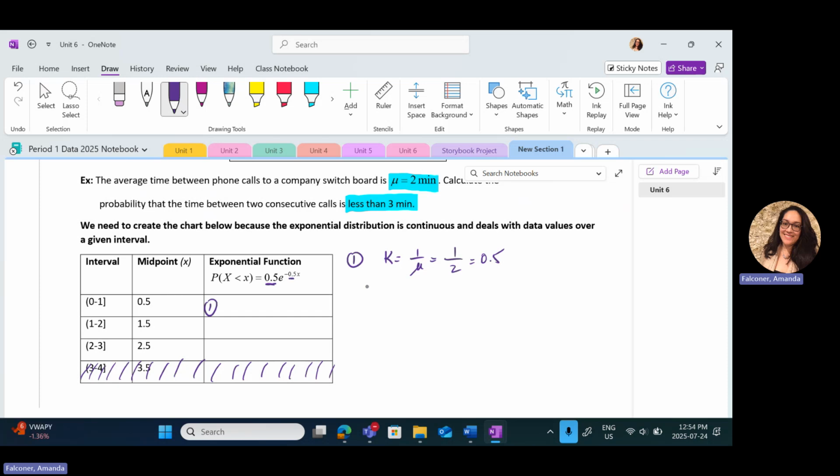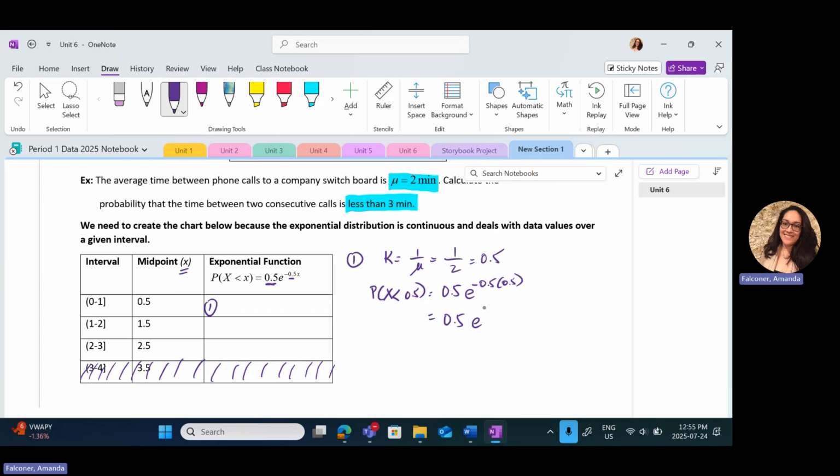Okay, so in our first section, the likelihood that random variable x is less than 0.5 is going to be equal to 0.5 times Euler's number raised to the negative 0.5 times 0.5, the x. The x is the midpoint of the interval. So we're going to be careful using our calculators.